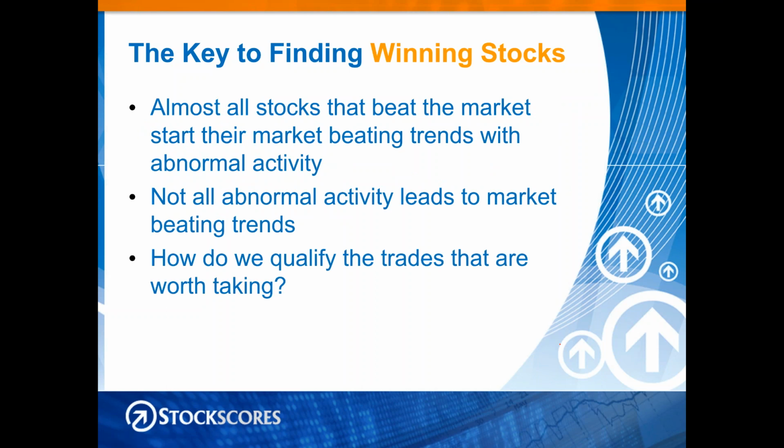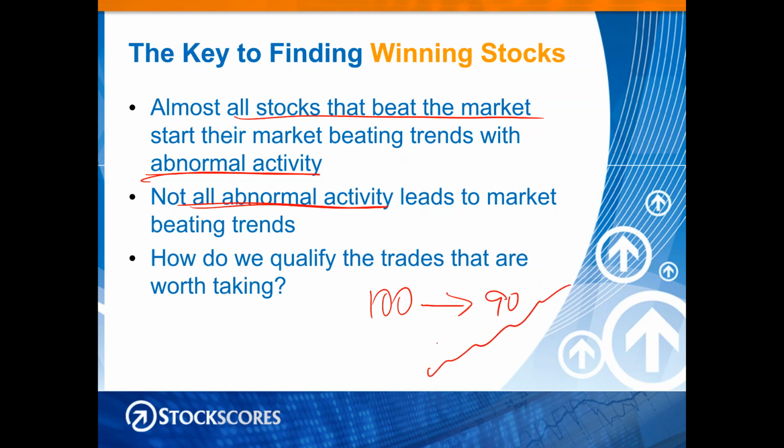Here's a very important statement. Almost all stocks that beat the market start their market-beating trends with abnormal activity. However, not all abnormal activity leads to market-beating trends. So in other words, if you look at the 100 top-performing stocks of the last month, I would guess that 90 of them, roughly, started their market-beating return with what I call abnormal activity.